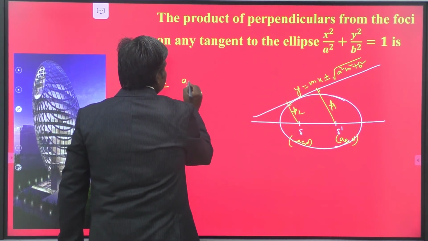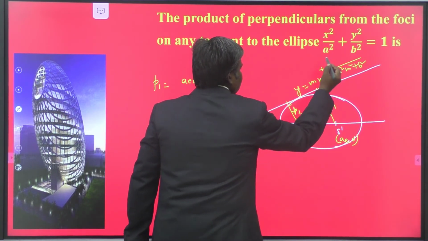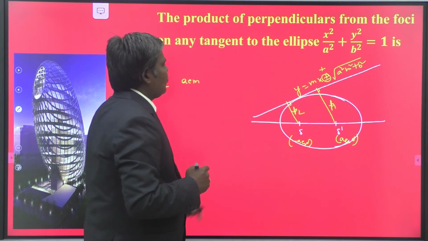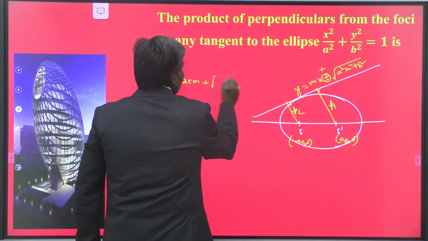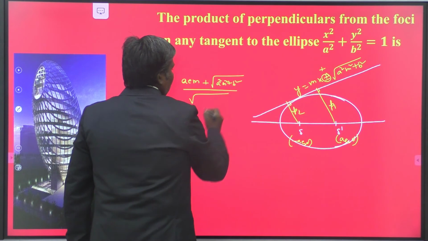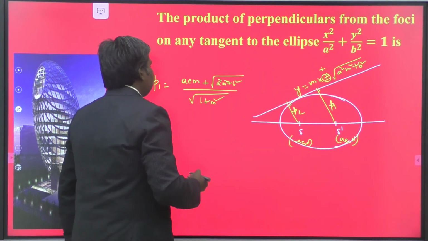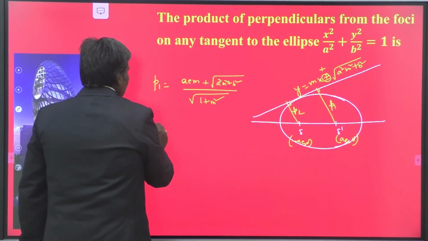For convenience, you take plus: AEM into 0, and plus root of a square m square plus b square, by root of 1 plus m square. This is P1. You may take minus also, no problem.